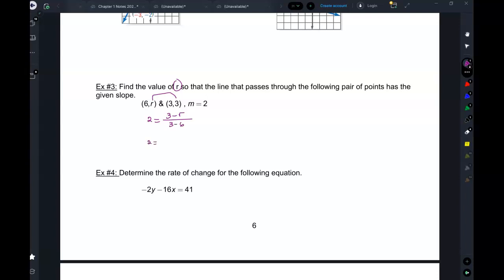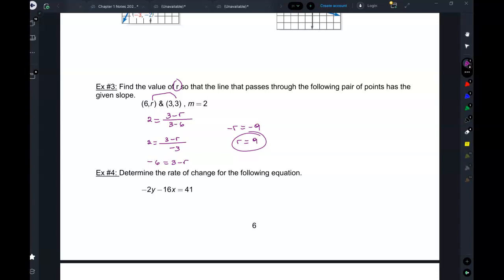So 2 is equal to 3 minus r over negative 3. Cross multiply, negative 6 is equal to 3 minus r. So negative r is equal to negative 9. R is equal to positive 9. Okay?